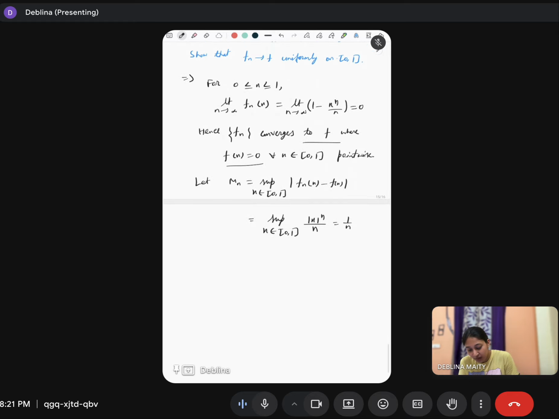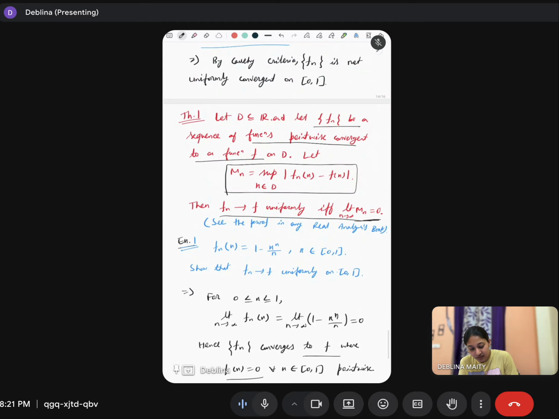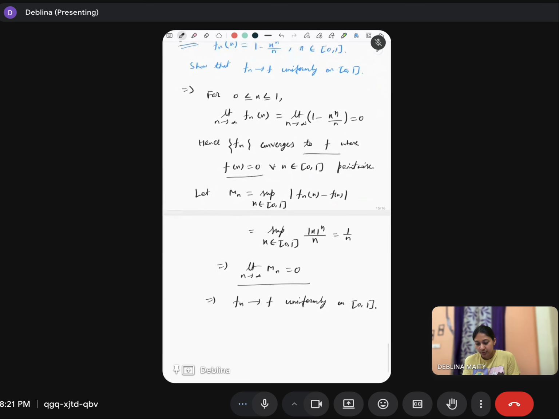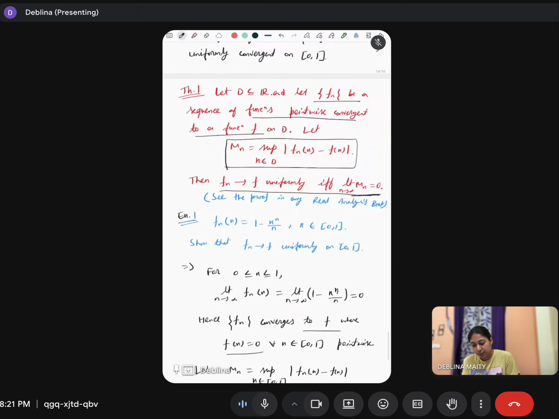Since Mn is 1 by n, the limit as n tends to infinity of Mn is 0, right? So by this theorem, fn converges to f uniformly on [0, 1]. So we have used this theorem to prove that fn converges to f uniformly on this closed interval [0, 1].